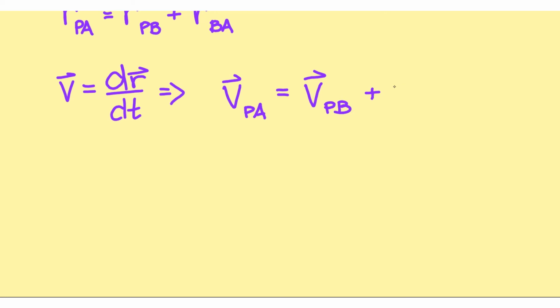Same thing would happen when I would take the derivative of RBA. I'd get the velocity, BA. So I can calculate those relative velocities as well.